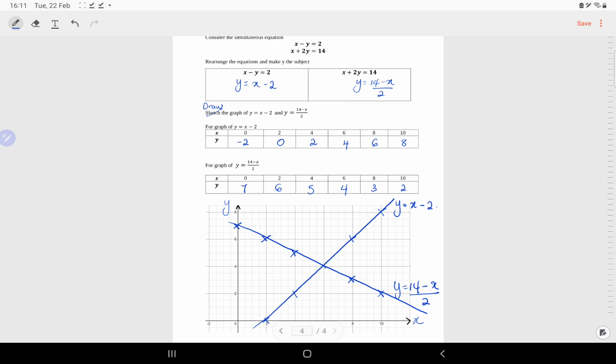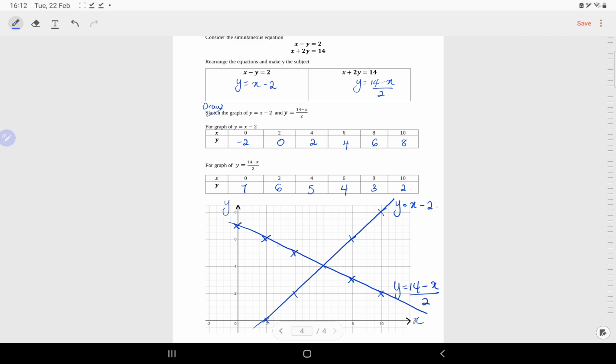Very important when you draw a graph, make sure you label your graph to tell the examiner what it is showing. This line here shows all the pairs of values that satisfy y equals x minus 2. The other line here, I could have drawn it with a different color, but it's okay.